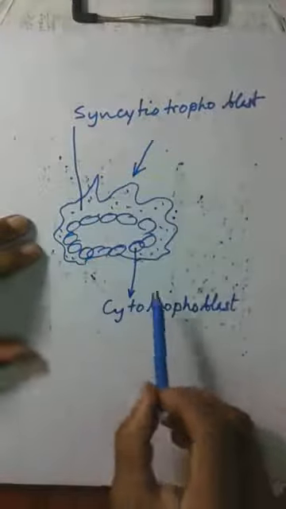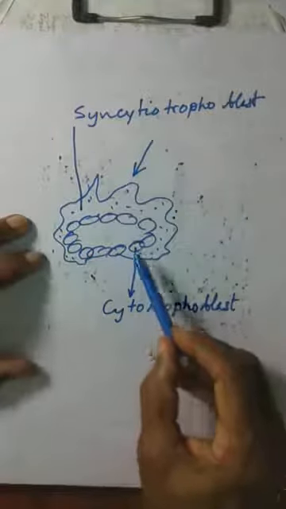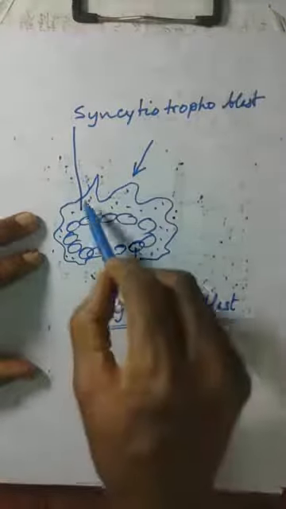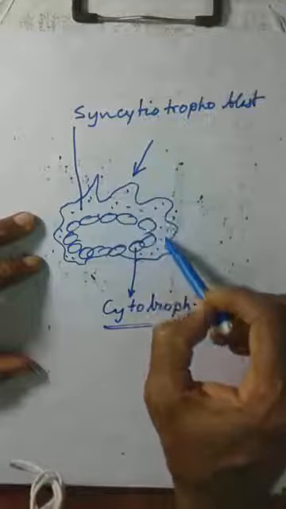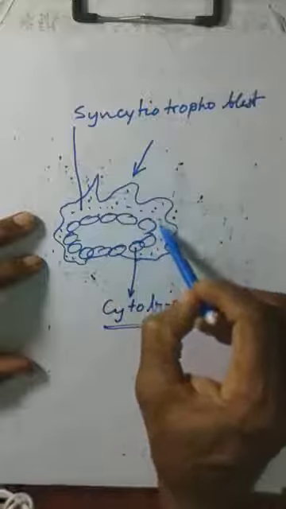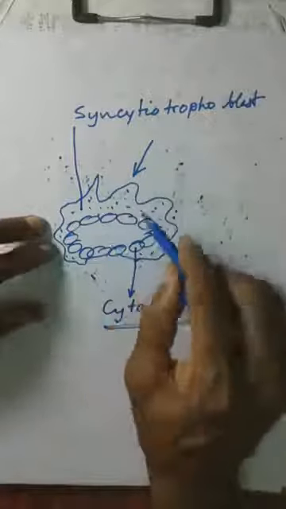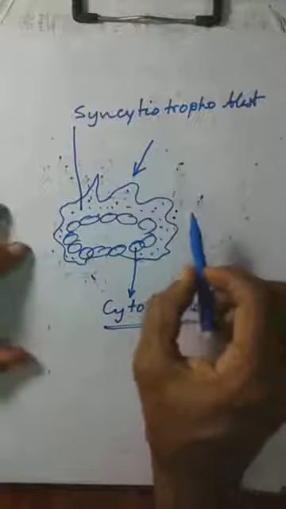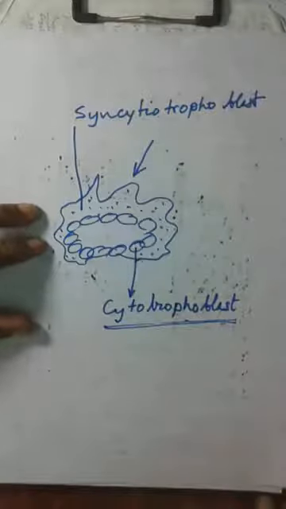But according to their function, the first one is called cytotrophoblast, and the second one, which has no boundary, is multinucleated with some special functions, like producing human chorionic gonadotropin hormone, which will go to the corpus luteum to keep the progesterone stay as it is.